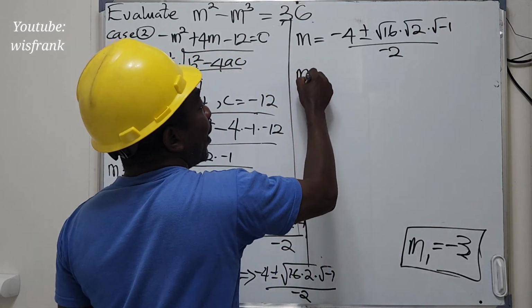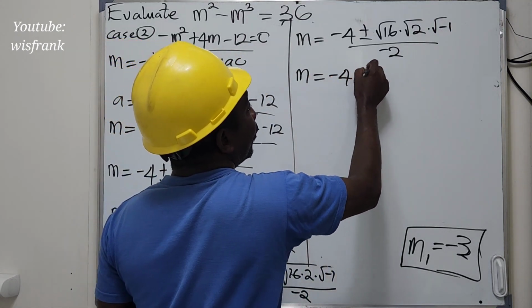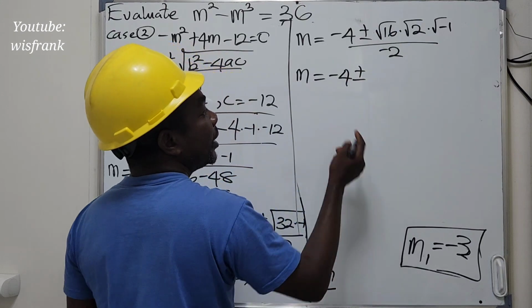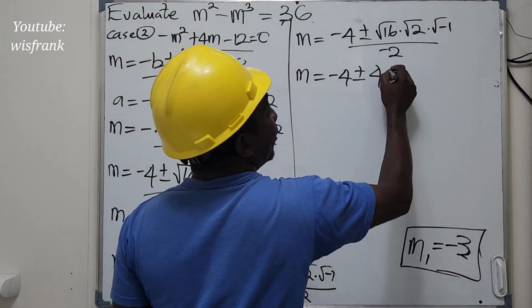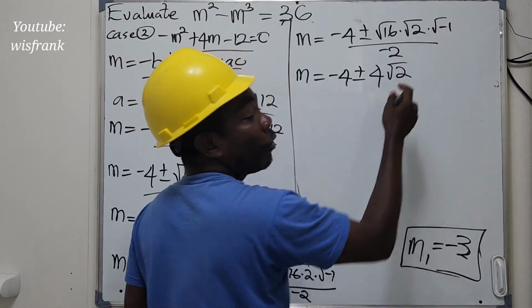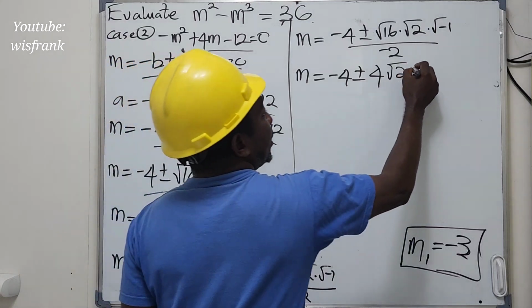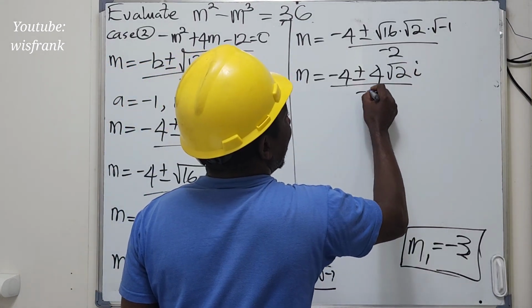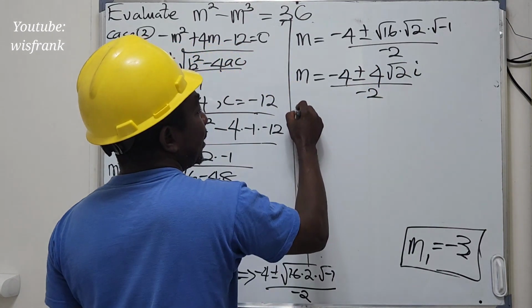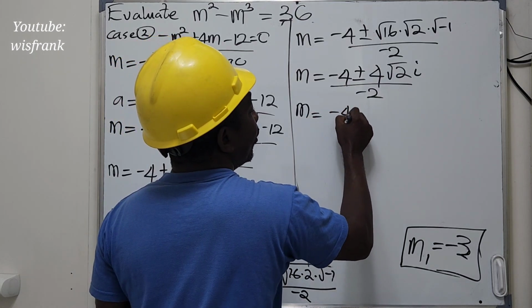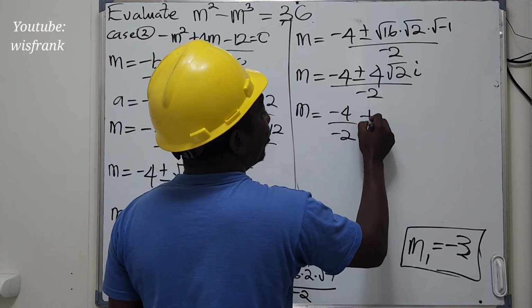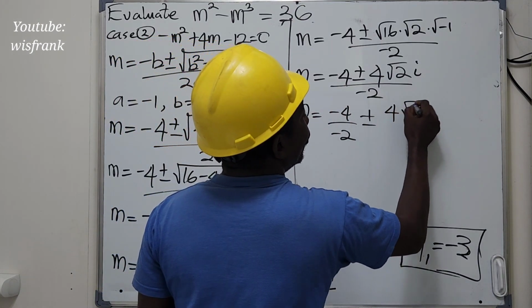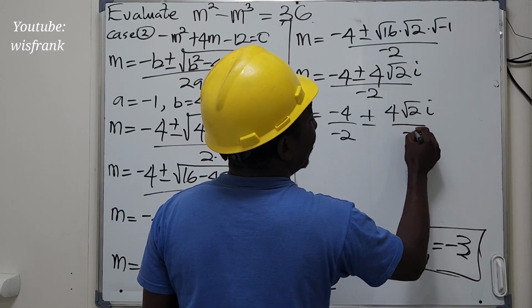In this case, the square root of 16 is the same thing as 4. We have the square root of 2, and the square root of minus 1 is iota, which is i, all over minus 2. We can rewrite this as m equals minus 4 all over minus 2 plus or minus 4 root 2 i all over minus 2.